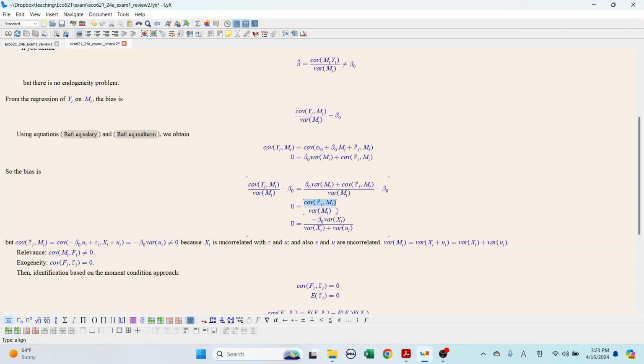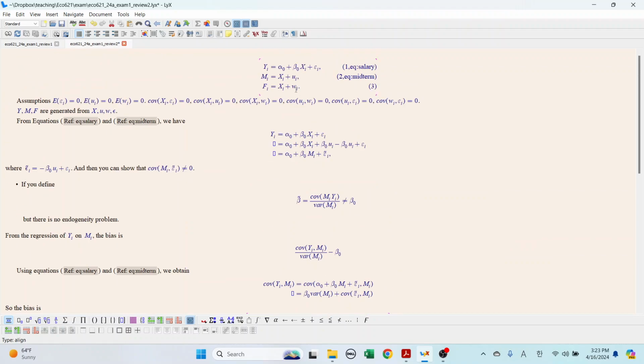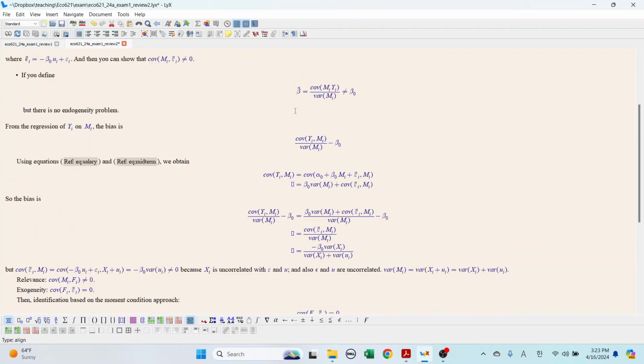So up to this point, it is not wrong, but what I recommend is to replace those covariances. Like I mentioned, m is not an underlying variable. m is an endogenous variable from the system of equations. So I recommend you replace m with this form, right? And epsilon tilde is just a temporary notation.